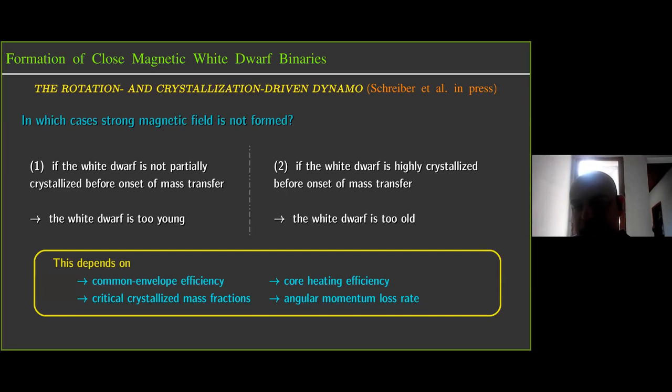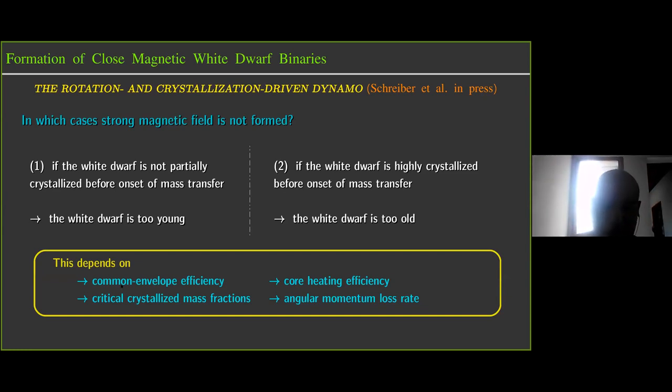And the other situation is when a large fraction of this white dwarf is already crystallized, because you need a large convective region to allow a strong magnetic field. If the white dwarf is 80–90% crystallized, then we cannot form a strong field either. And so, depending on several parameters, we can have a large fraction of non-magnetic cases, or we can have a lot of magnetic cases.